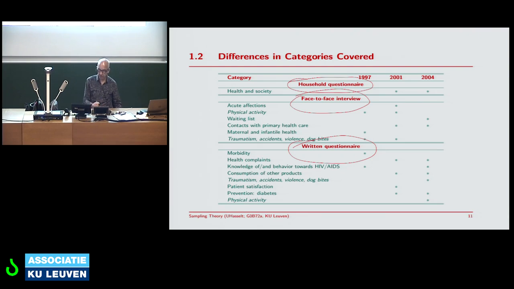Then we have the face-to-face interview. And of course, here we already are giving away the mode by which the data are collected. Face-to-face interview can still be done in various ways, and that's something that in many surveys is changing over time. Pencil and paper, where the interviewer would write down the answers, is getting more and more something from the past.